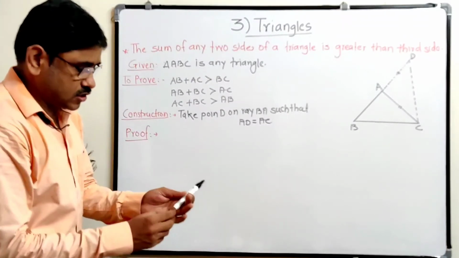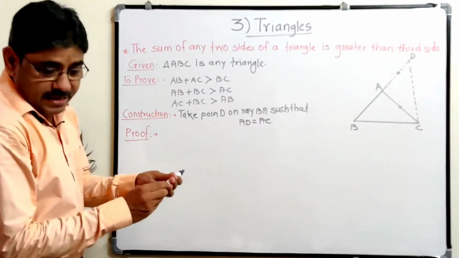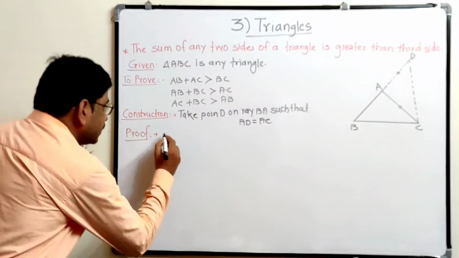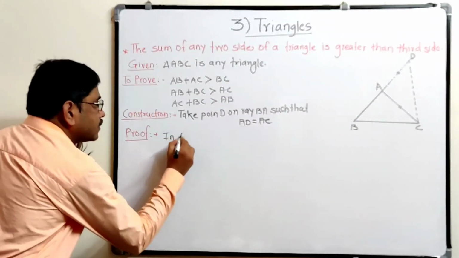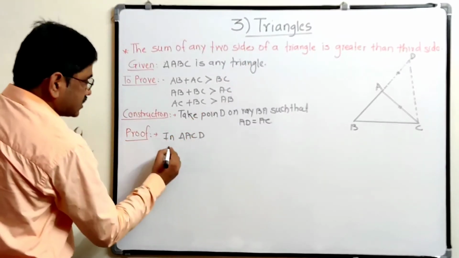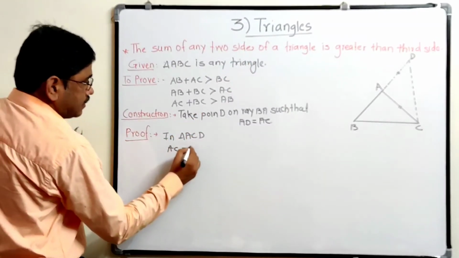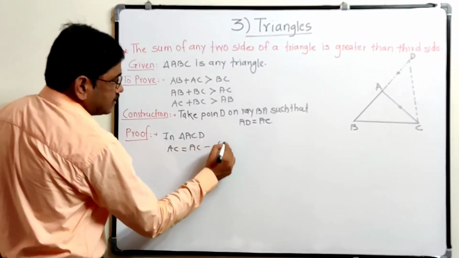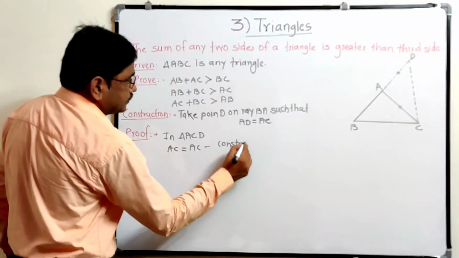According to our construction, if we consider triangle ACD, in triangle ACD, AC equals AD, reason: construction.